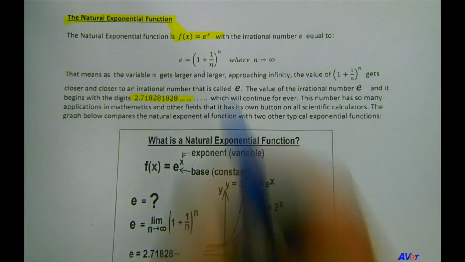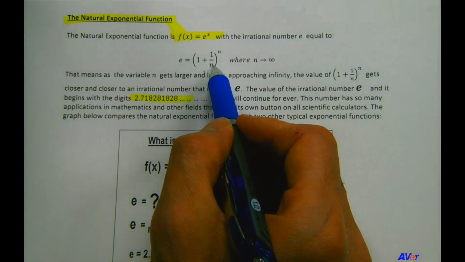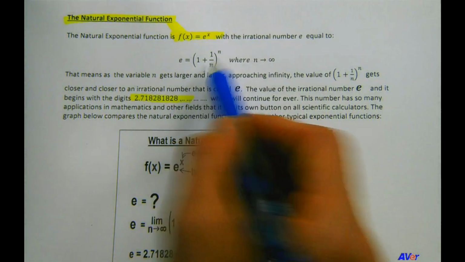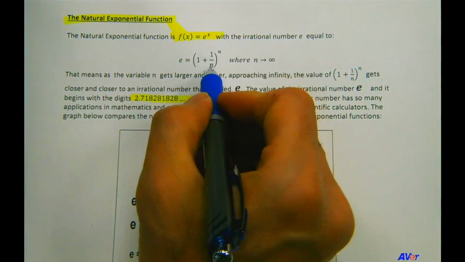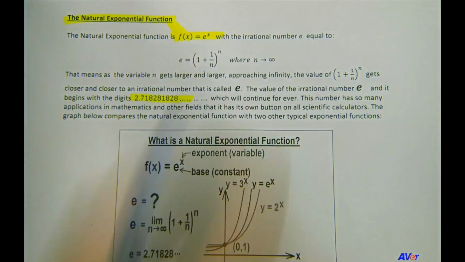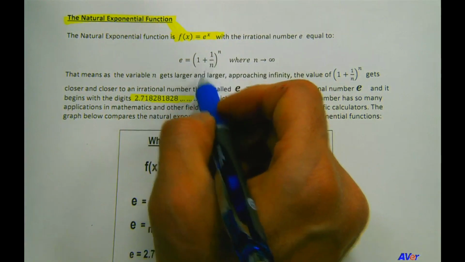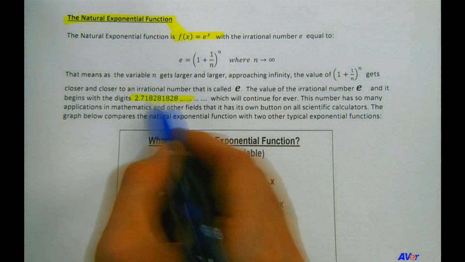And you can verify that as you increase n. Start with numbers like 100 or 1,000, or even 10. Start it at 10, and then increase it to 100, 100,000, 1 million, 1 billion, and see what happens to the value of that quantity. You will see that it will converge to this value.